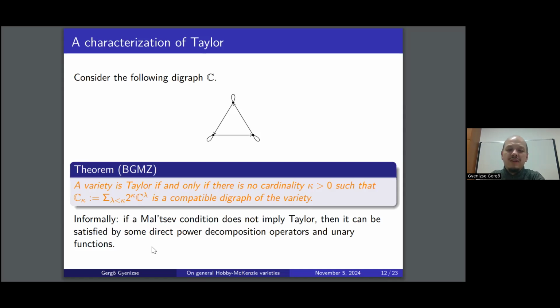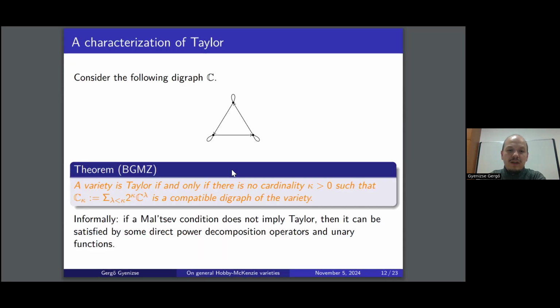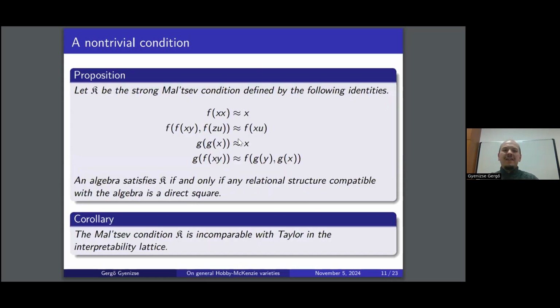These are not really decomposition operators, but power decomposition operators. We call this a direct square decomposition operator, because it will only work for direct squares. But if a variety is non-Taylor, then it can be satisfied by terms like this in a way. Only in a way, because there is some infinitary stuff going on here.